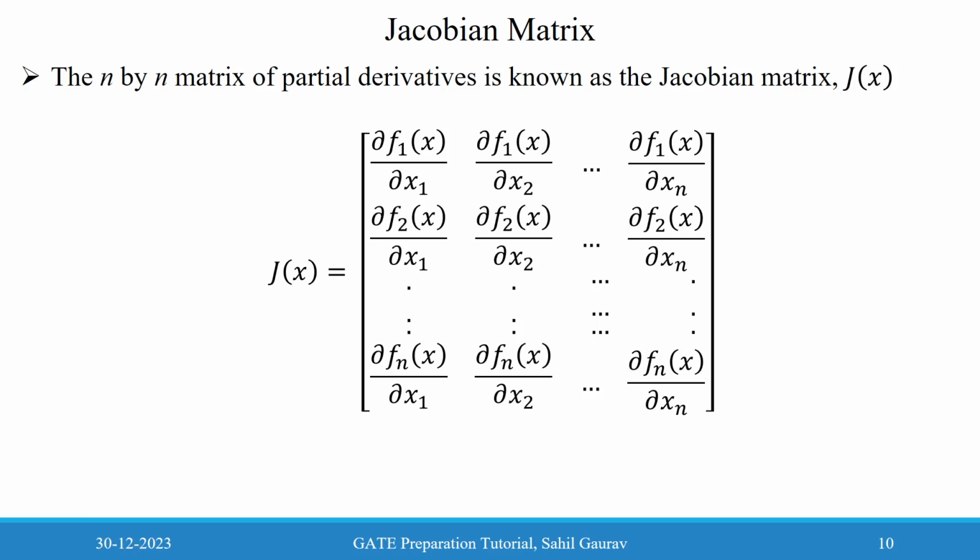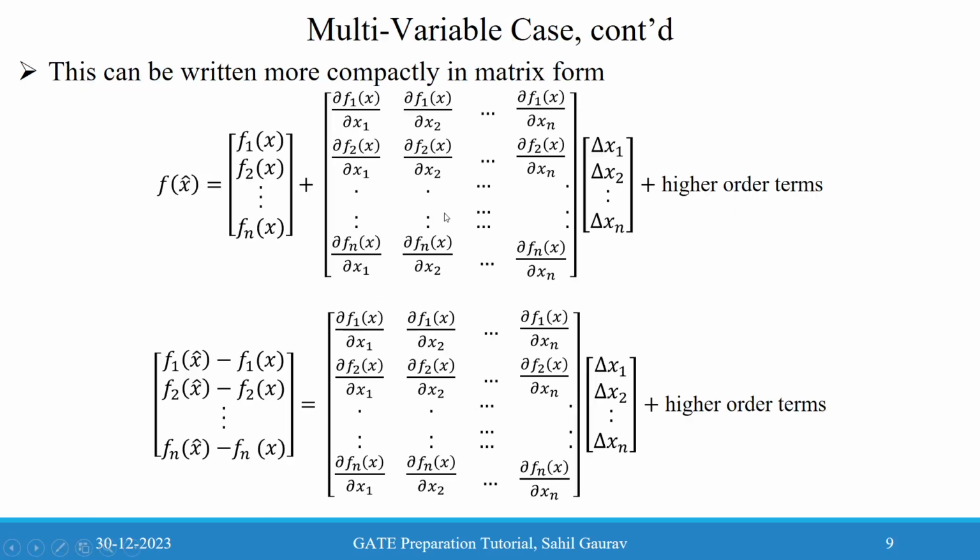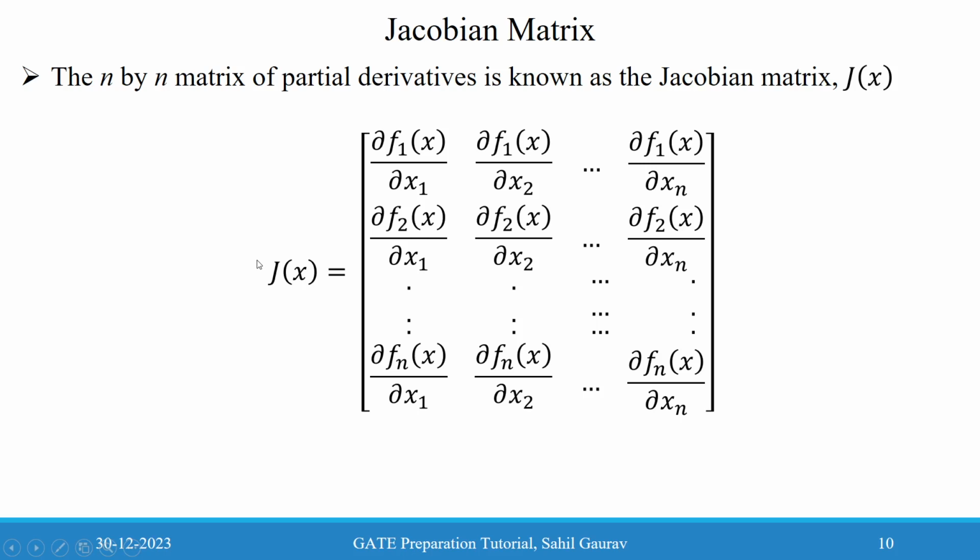Now the n cross n matrix of partial derivatives is known as the Jacobian matrix. So the Jacobian matrix is nothing but a matrix of partial derivatives. Whenever you hear the term Jacobian matrix, you have to just look for where this partial derivative matrix is present, that is the Jacobian matrix.